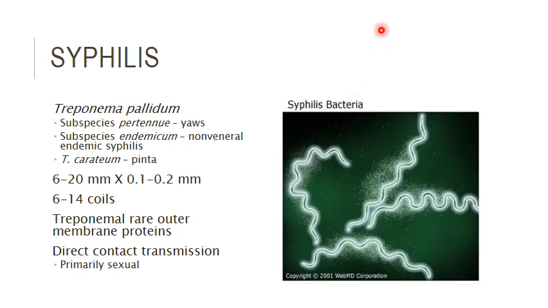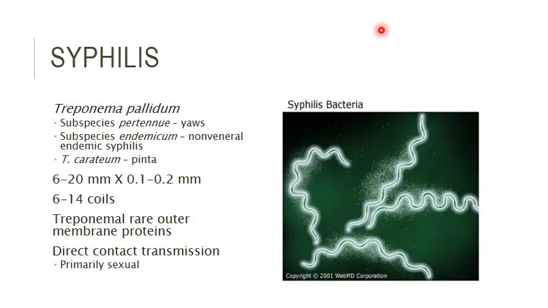You also have to take note of the number of coils. We count the coils for each one. These pallidum will have anywhere between 6 and 14 coils if you're using dark field to diagnose this.